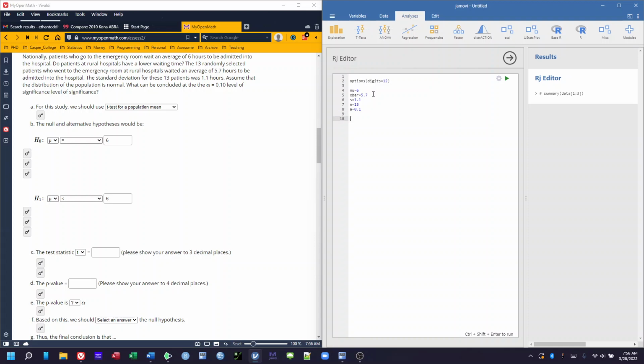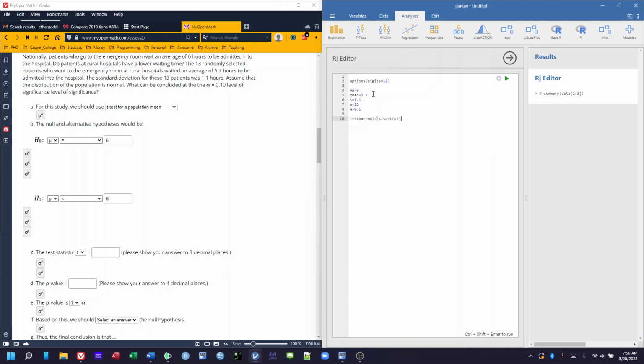Okay, now that I've got those numbers, I can use my equations to calculate this out. So when I do my test statistic, I can calculate my t-value by saying t is equal to x bar minus mu, divided by s divided by the square root of n.